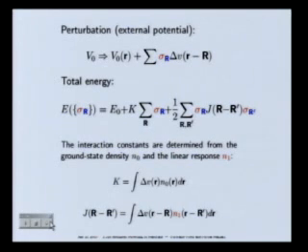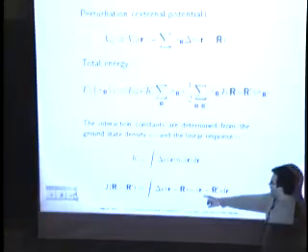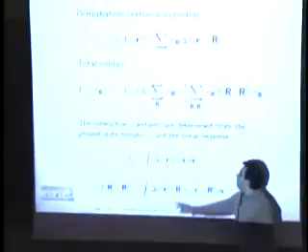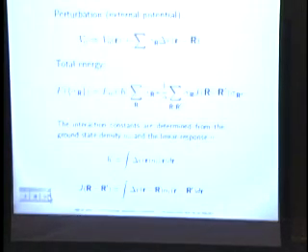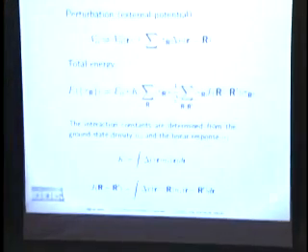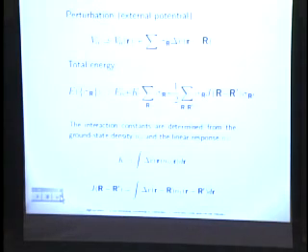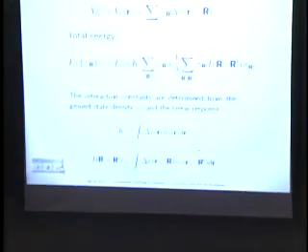The first order term, again, is just given by the integral of the ground state charge density with the perturbation, and the second order term is given by the integral of the linear response times the perturbation. But you see, what is now the fundamental step is that these quantities don't depend on the configurational variables. Okay? These are quantities that are calculated on the ground state, that is the perfect crystal, something that doesn't depend on configuration.